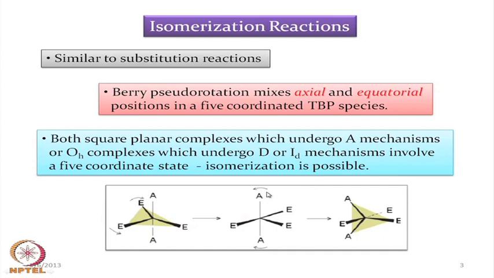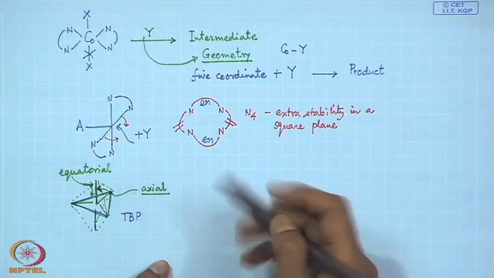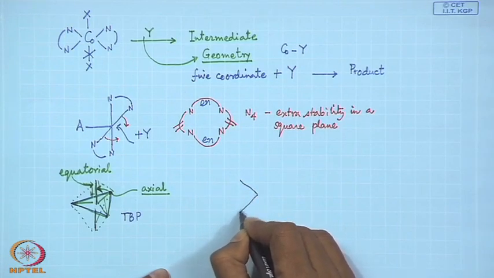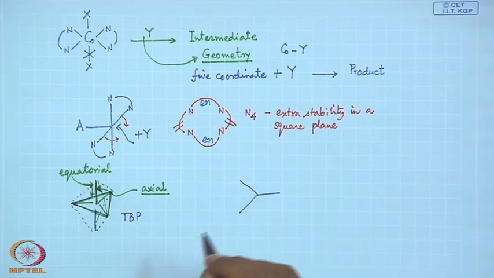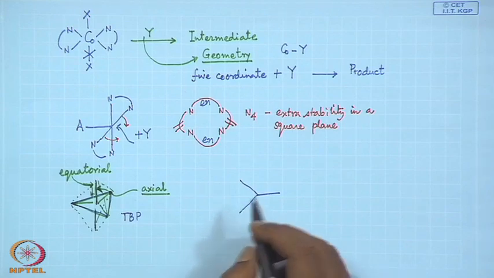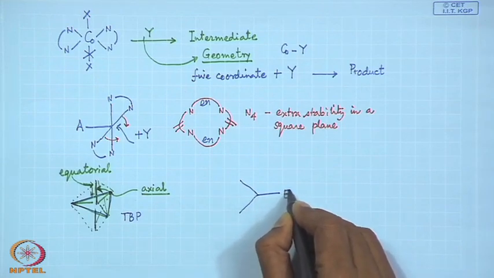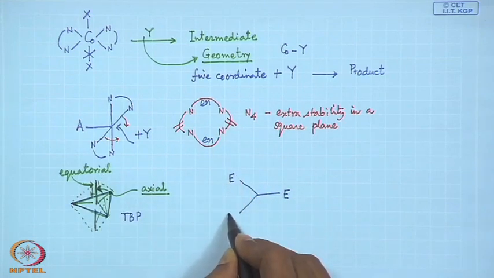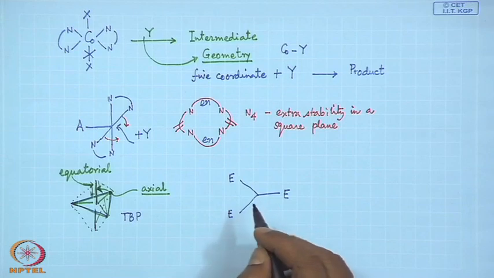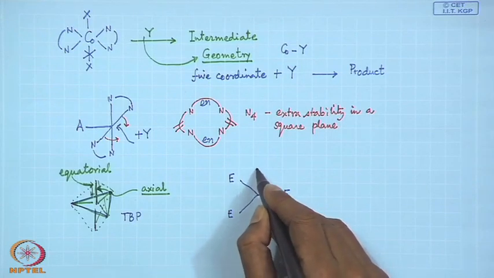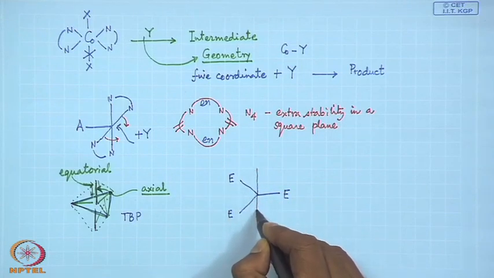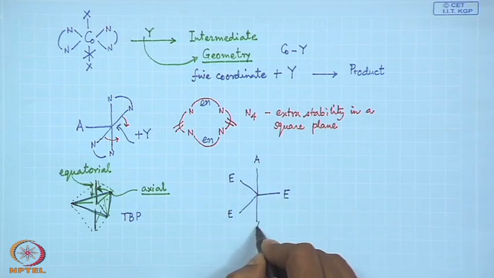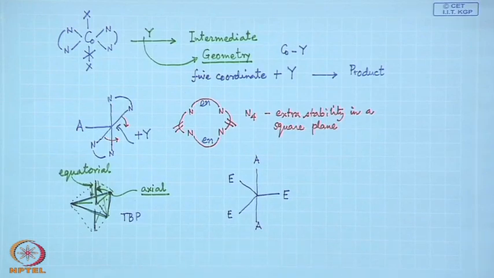So, we can consider these 3 as the bonds in the equatorial plane. These are the equatorial bonds. We label them, the donor atoms are also in the equatorial plane, and we have the axial ones: this is one axial and this is the second axial.